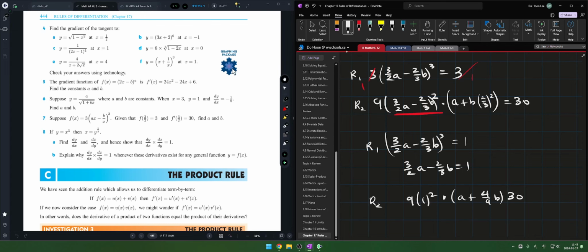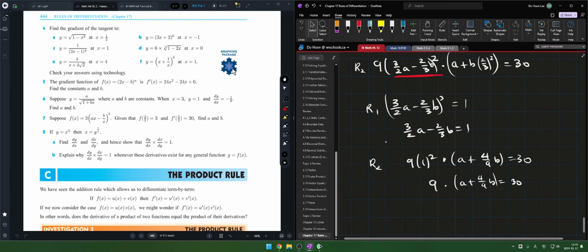It's 30. Then it's 9 times a plus 9b. Then we can say that a plus 9b equals 10 over 3. Aha!